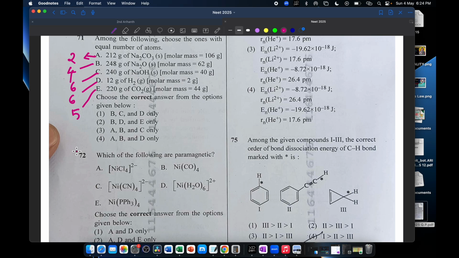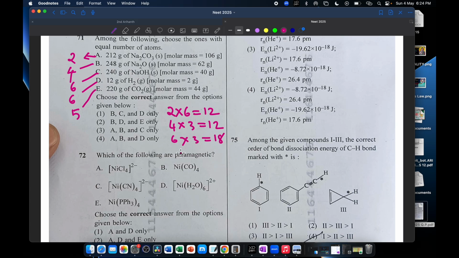Which of the following have an equal number of atoms? So what will the total number of atoms be? First one is 2 into 2, 3, 6, so 12 atoms. 4 into 3, so this is also 12. This is 6 into 1, 2, 3, so 18.